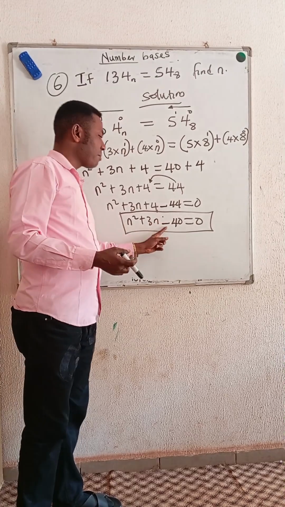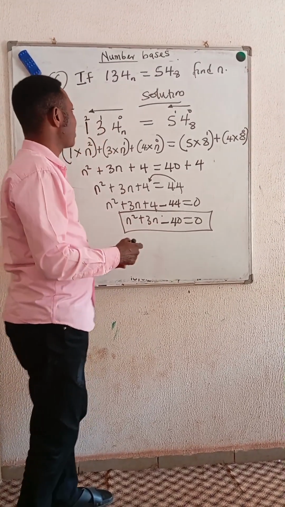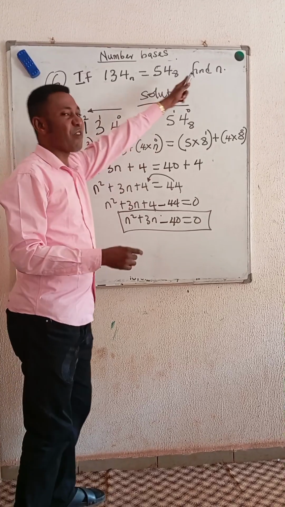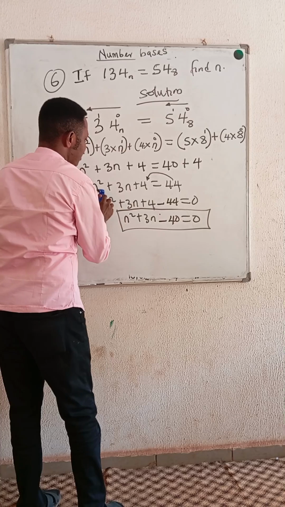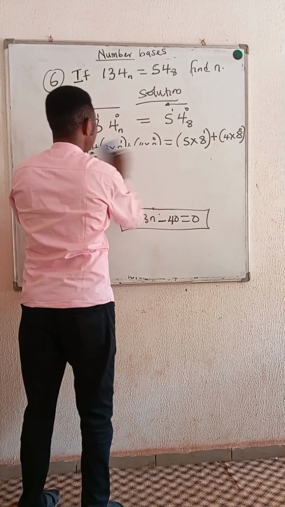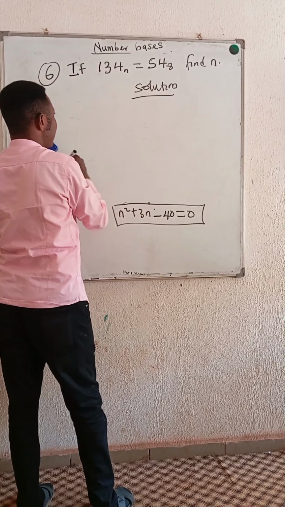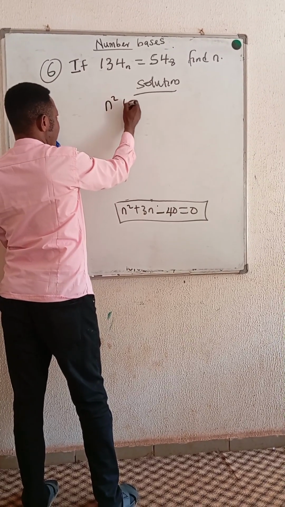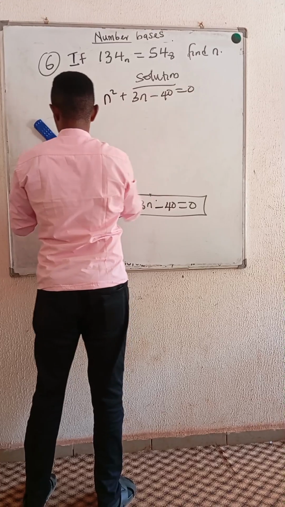So let's use the formula, that is the almighty formula, and see what I'm going to get from here. Our target is to find n. So permit me to remove this now, because we want to solve this. So let me bring up the quadratic equation equal to 0.